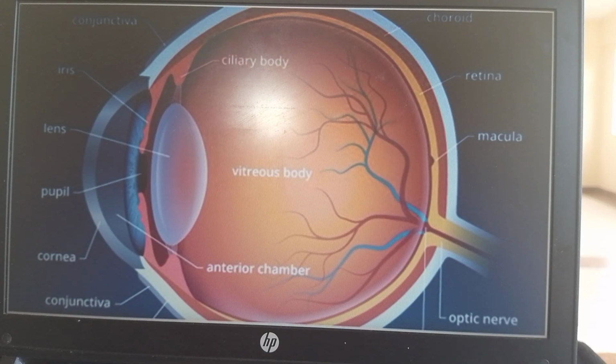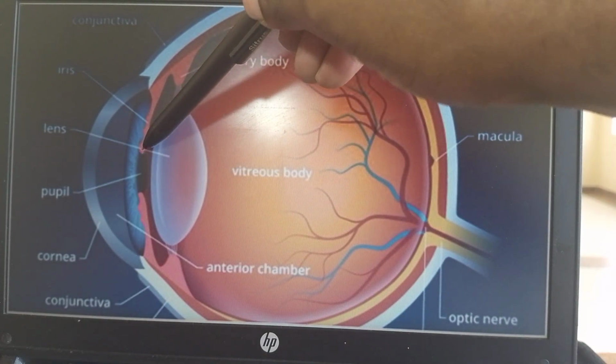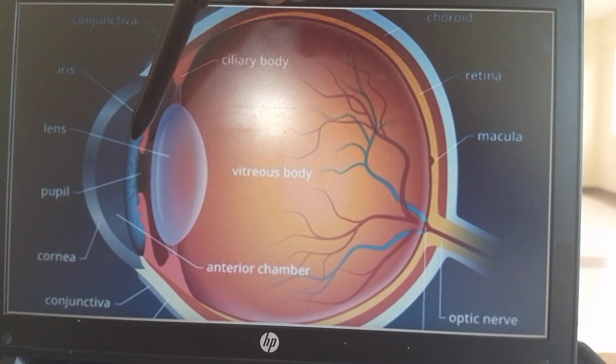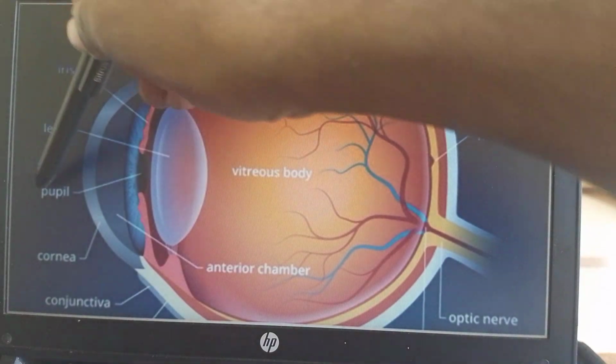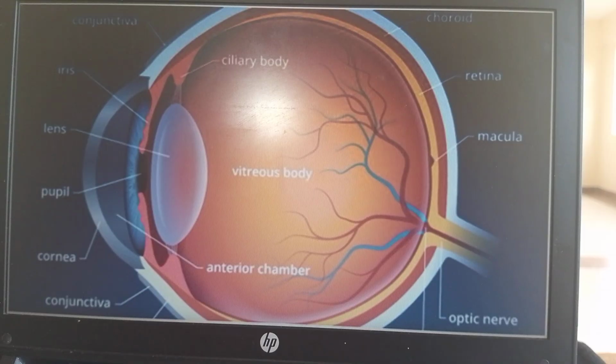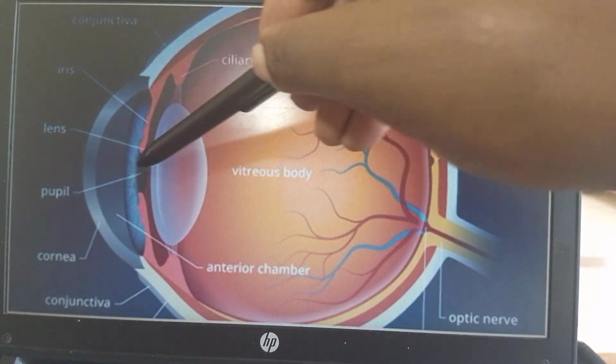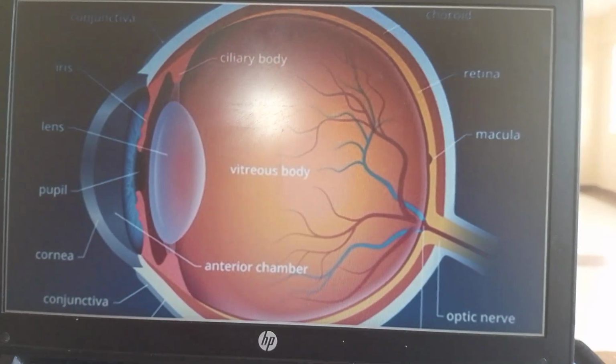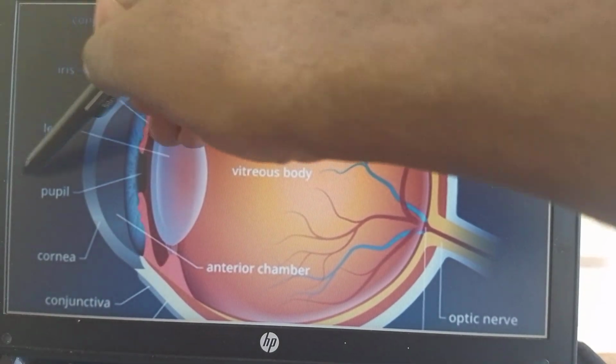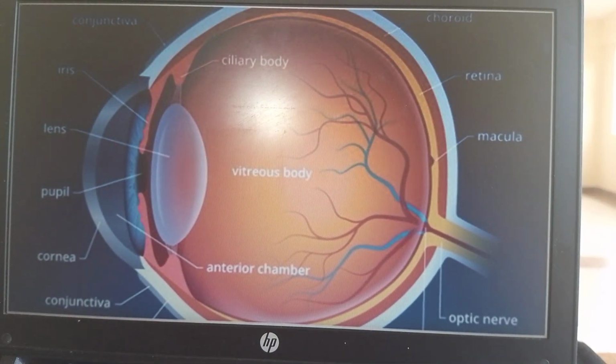The sphincter pupillae muscles constrict to reduce the amount of light entering the eye, while the dilator pupillae muscles function to dilate the pupil and allow more light to enter the eye.